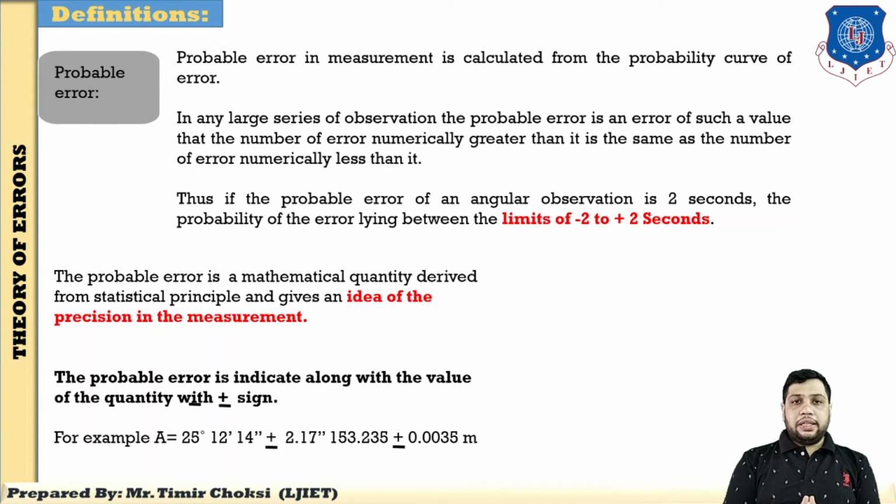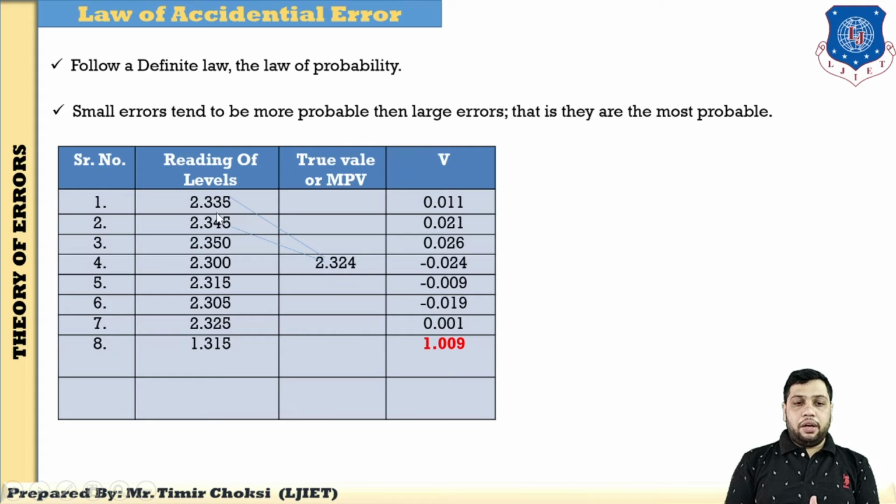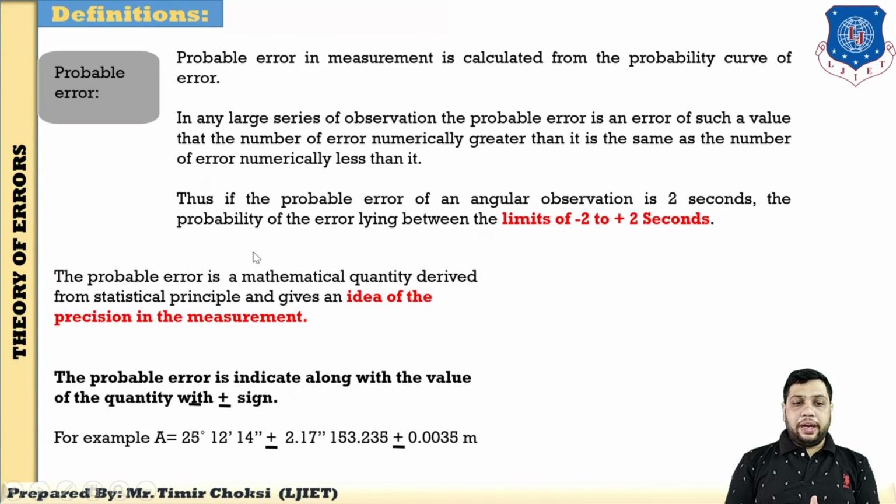Now, what is the main use of the probable error? It is a mathematical quantity derived from statistical principles and gives an idea of the precision in the measurement.